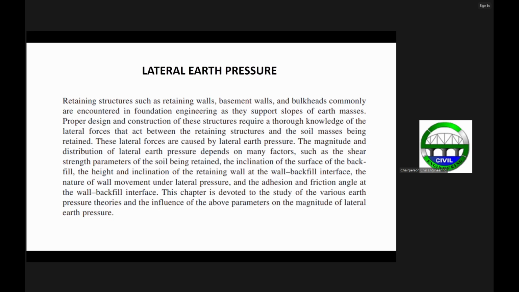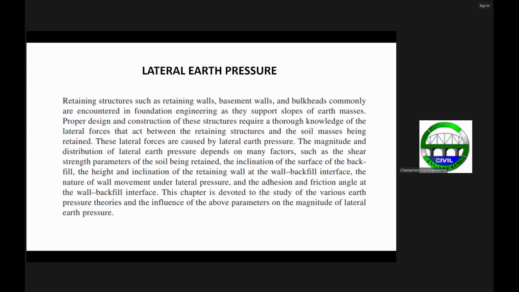So for our last topic, let us discuss a little bit about lateral earth pressure. Lateral earth pressure is used in analyzing retaining structures, such as retaining walls.